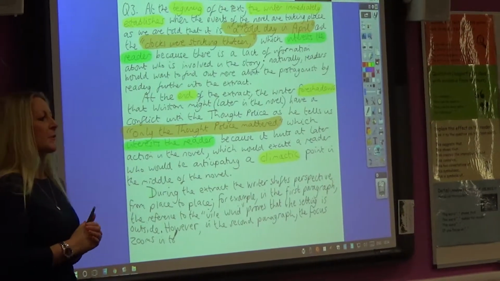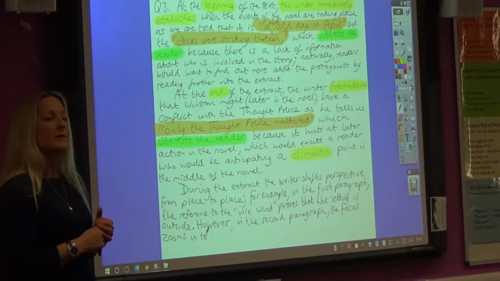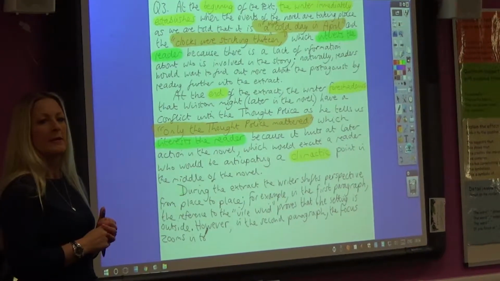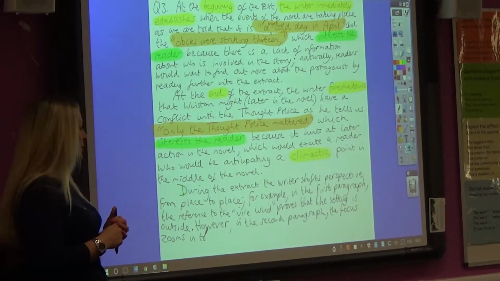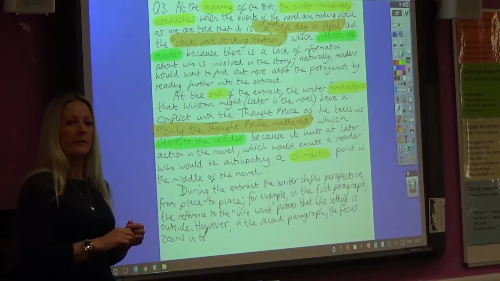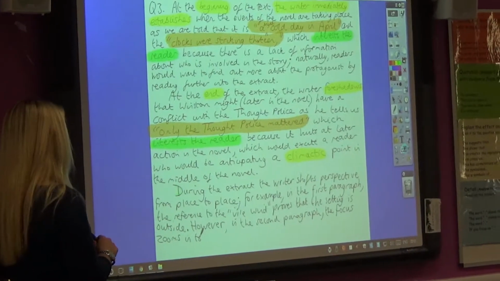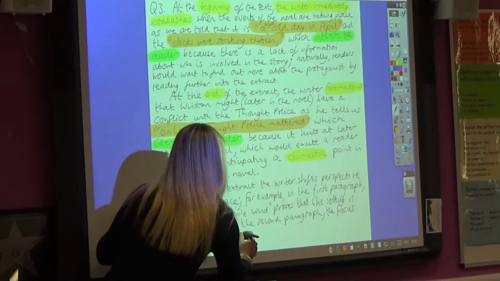So see if you can find something. Lauren, can you see anything? A quotation that supports that we've gone inside in the second paragraph? Something that's not before cabbage or cabbage. Good. So the focus zooms into the hallway.